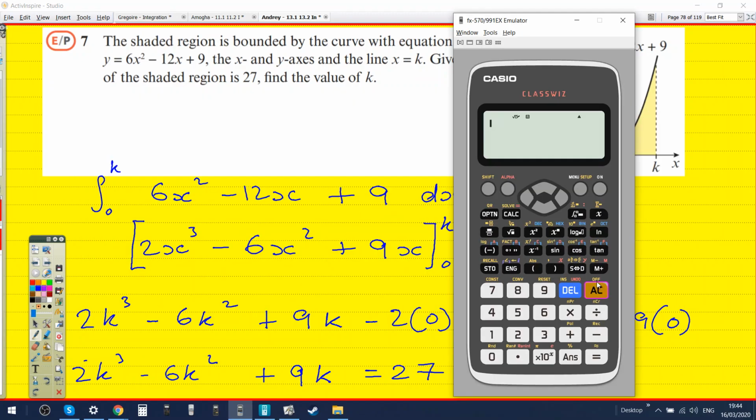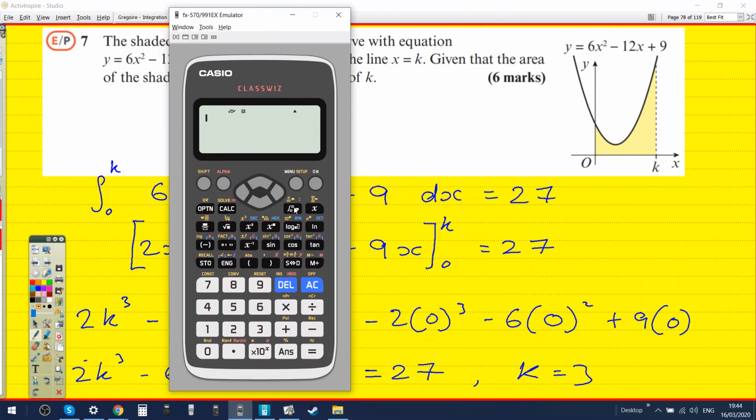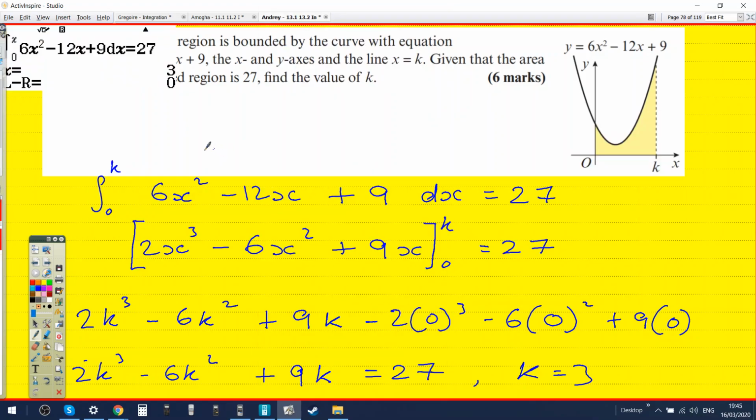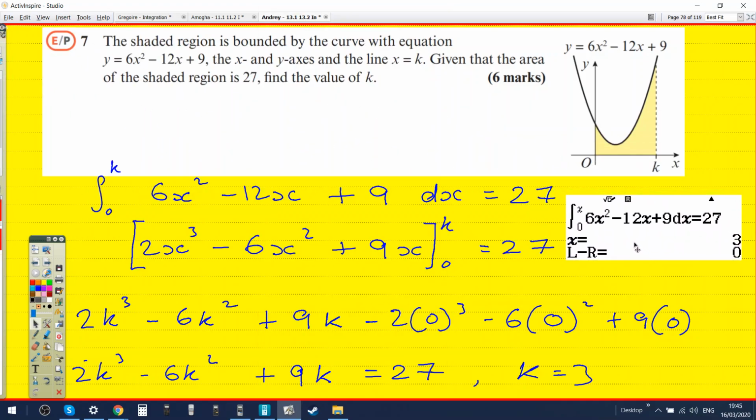And so let me just go to my simple one. 6x squared minus 12x plus 9, between 0 and, let's call it x, equal to 27. Hopefully it gives me an answer. There we go. 3. Same thing. Okay. Any questions there? No.